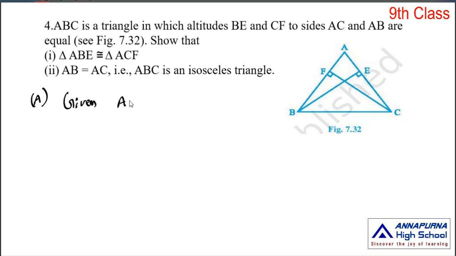Given, ABC is a triangle, and the altitudes BE and CF to the sides AC and AB are equal.